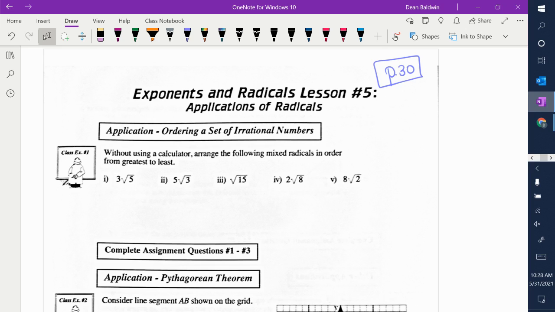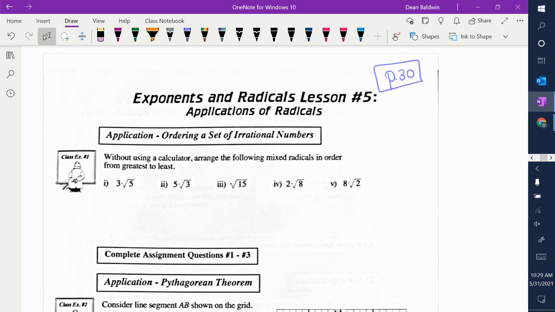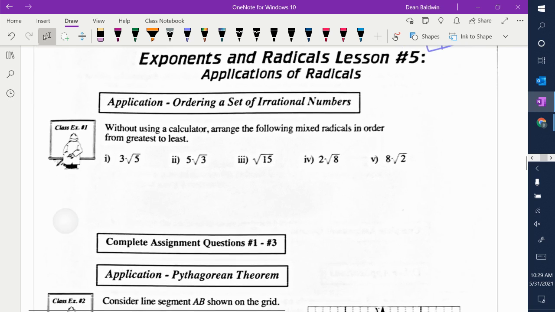This will be a short lesson. Only a couple things that I want to do. One of the questions you will see on your test or quiz will be to order a set of numbers.